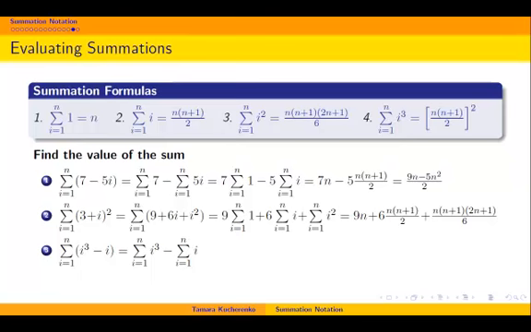We apply formulas for the sum of i cubed and the sum of i, and obtain the answer n times n plus 1 over 2 squared minus n times n plus 1 over 2. This is the end of our lecture.